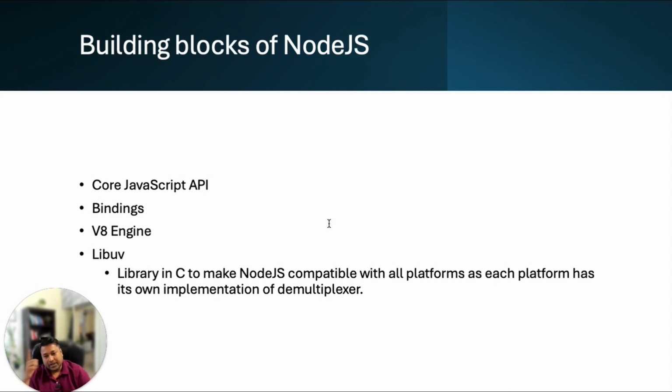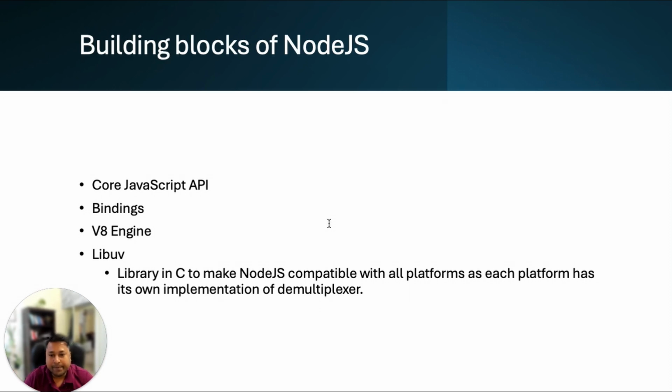Because in the beginning of this lecture I said that every operating system comes with its own implementation of the demultiplexer. So the basic idea of Node.js is to use operating system capability as much as it can to achieve higher efficiency and a higher processing rate, right?